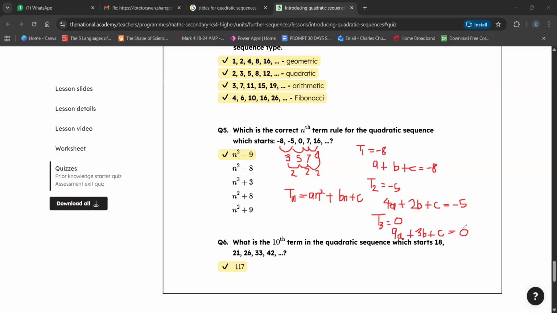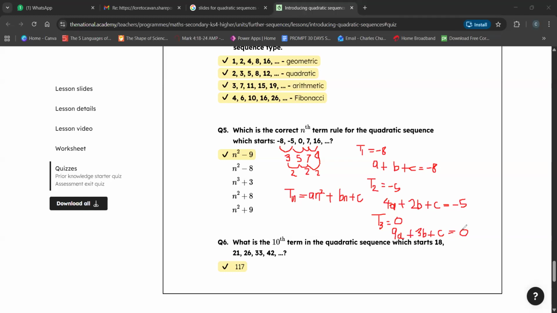I said, in this case, have you ever solved an equation that had three unknowns? Like we're going to find A and B. We haven't done it, so I don't understand.